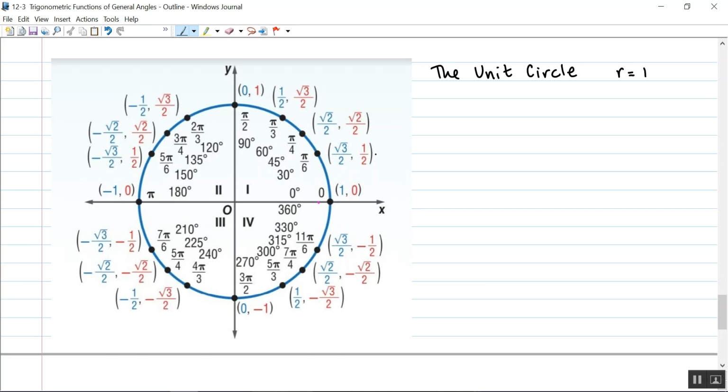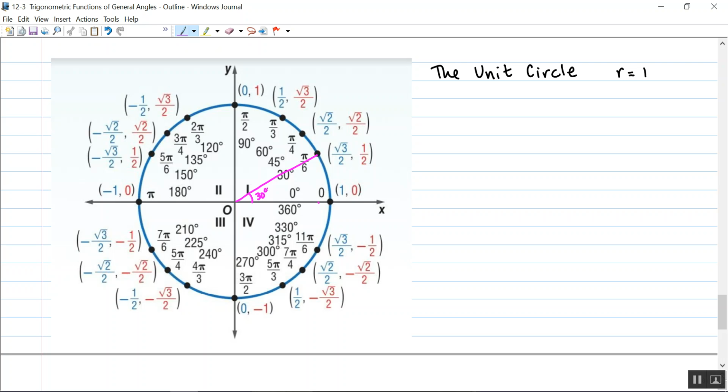But how did they come up with these crazy points out here? So how do I know that this point on the circle is exactly (square root of 3 over 2, 1/2)? Well, that's related to the fact that this is a 30 degree angle. If I were to draw this right here, so that's a 30 degree angle.